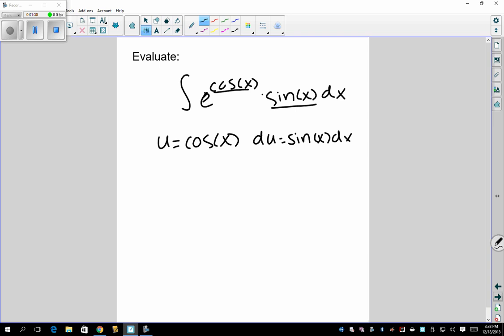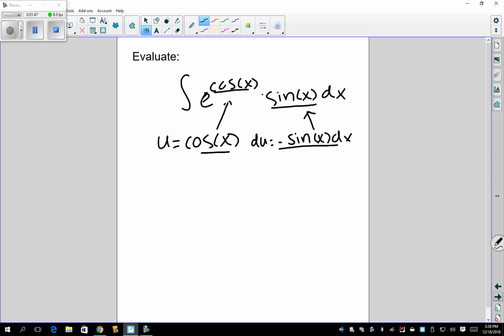Sorry, this should be negative. Negative sign. So as long as I can find the u and the du in my original integral, I know that I have picked the right ones.